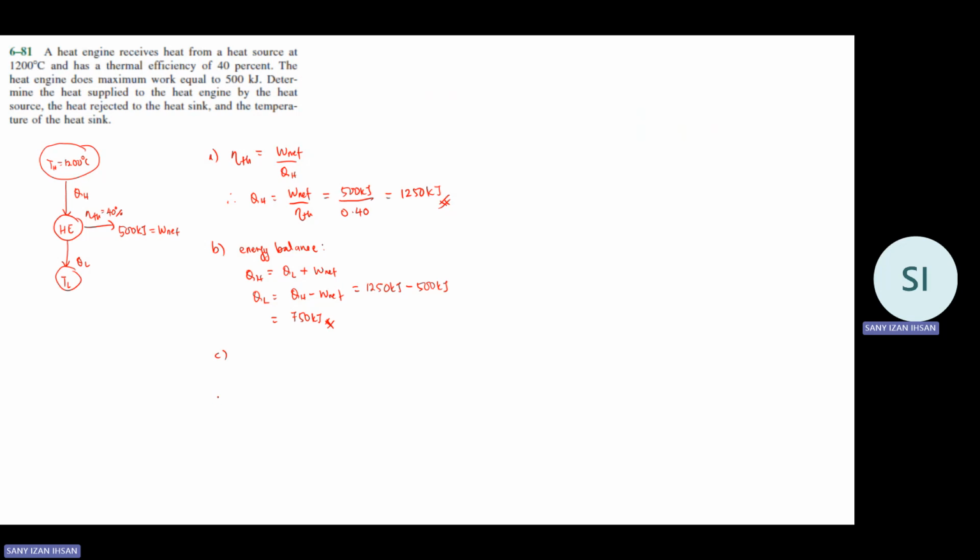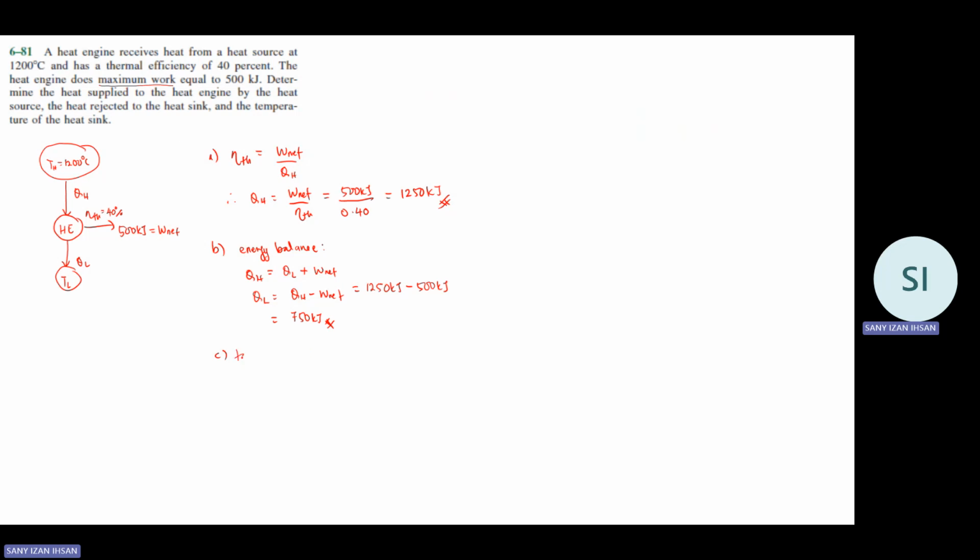Last one, in order to relate the temperature, we will need to relate with the reversible condition. This is where we have the maximum work. We can say that this is the ideal or the maximum amount of work possible from this heat engine, and that will only be possible for a reversible process.